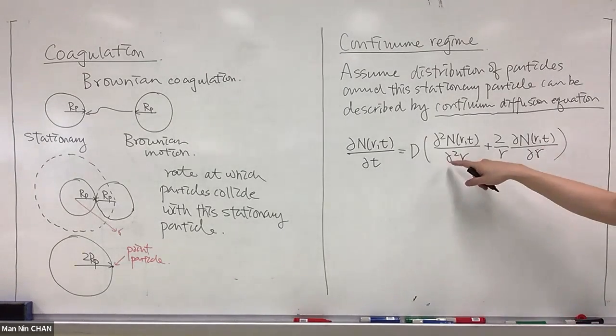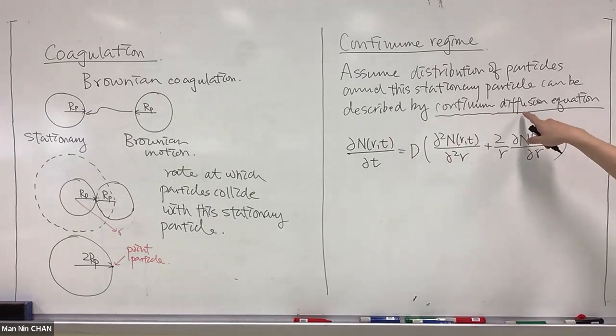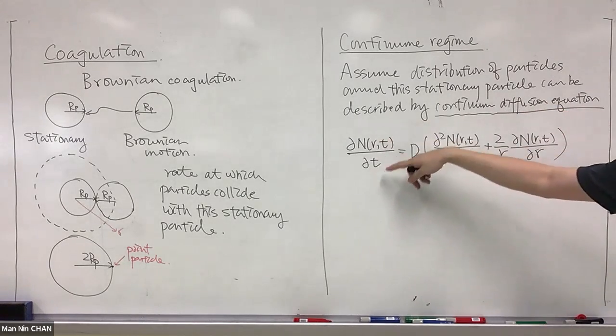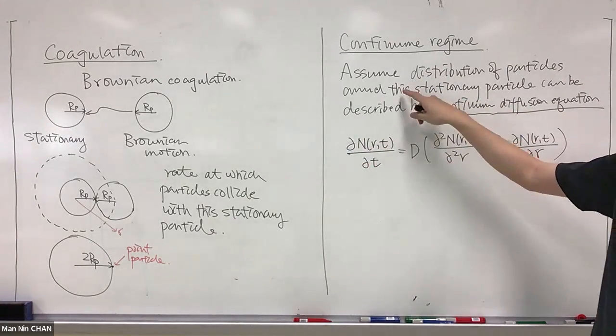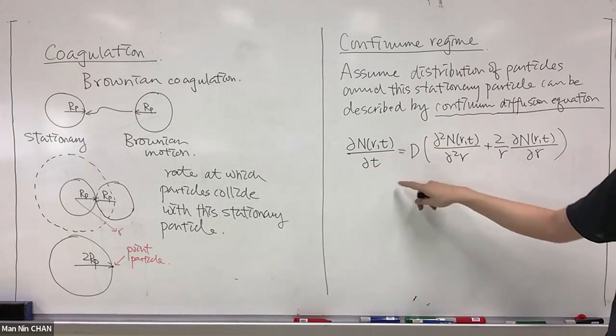If you choose R as a coordinate, this is the continuum diffusion equation. It describes the concentration of the particles around this stationary particle as a function of time.